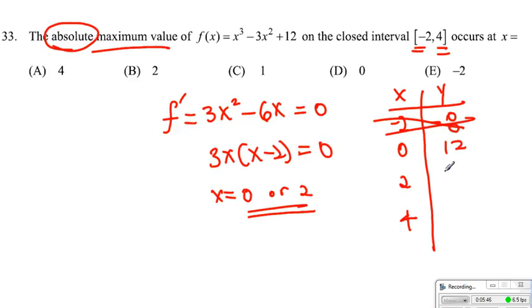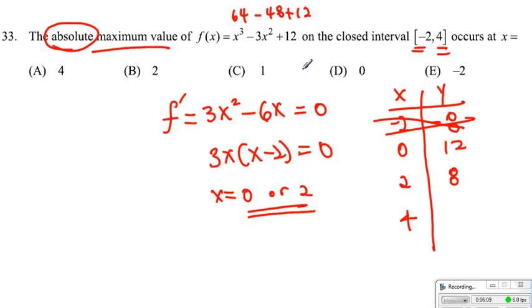So in this case it simply becomes -8. Now when you plug in 4, we end up getting 64 here, and minus 4 squared times 3 becomes 48, plus 12.